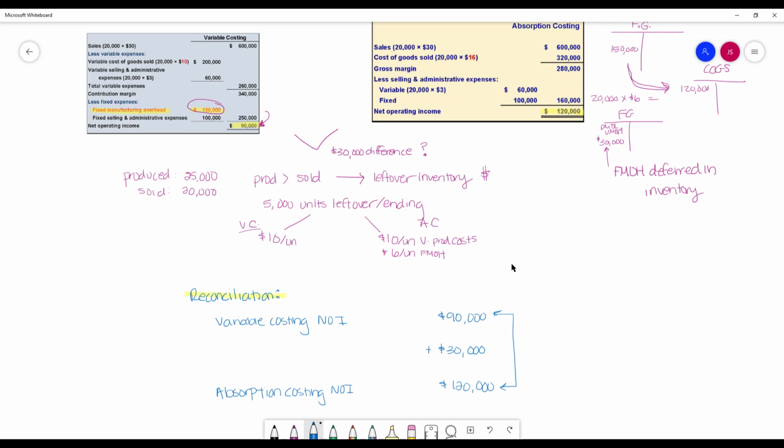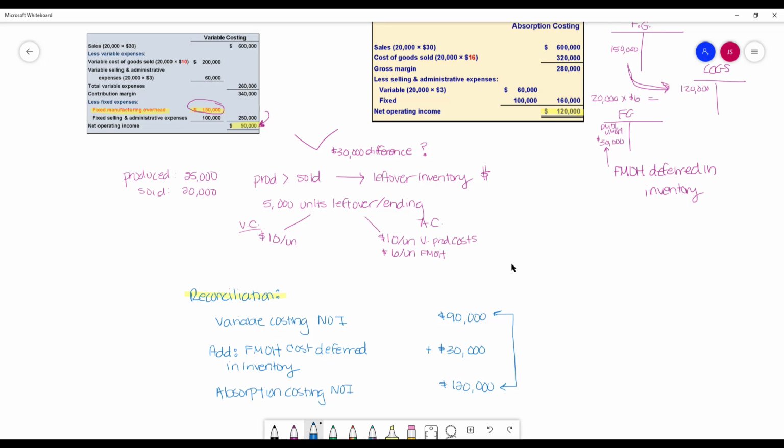Remember, we said from our discussion a couple moments ago that that is what we refer to as our fixed manufacturing overhead cost deferred in inventory.